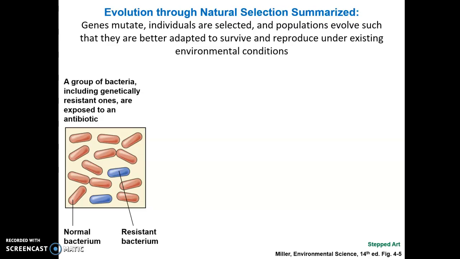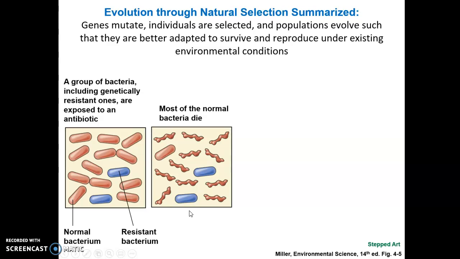So first we have a group of bacteria, and among that group of bacteria we have a few individuals who already possess genetics, the genes, to be resistant to a particular antibiotic. And under normal conditions, the vast majority would maybe not have that particular gene and a smaller amount do.